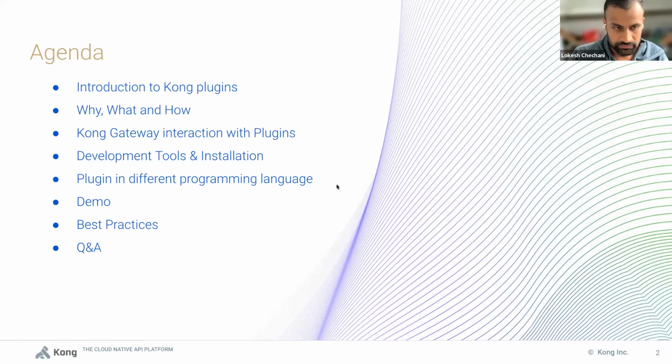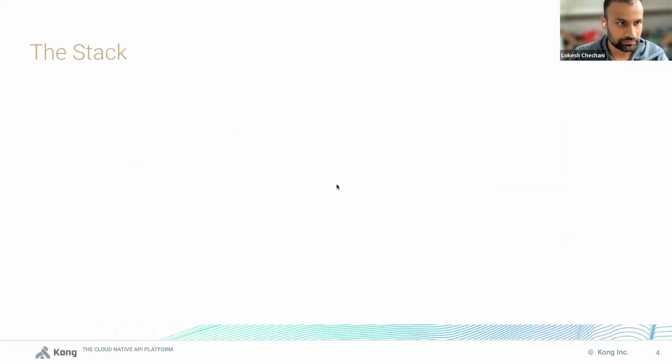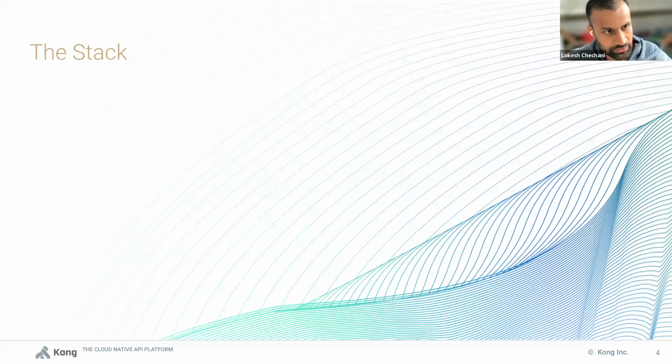Okay, so let's move on. Introduction. Before we go to the introductions, let's take a step back and understand the runtime, the overall picture of what Kong is. That gives us the foundations on which the plugin is running.